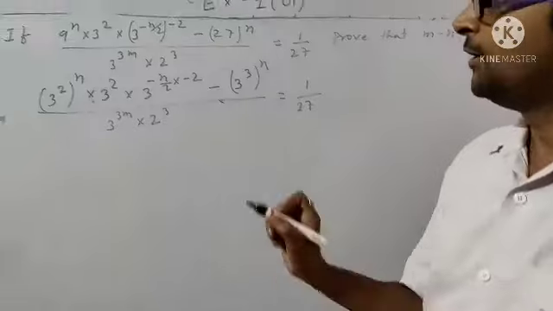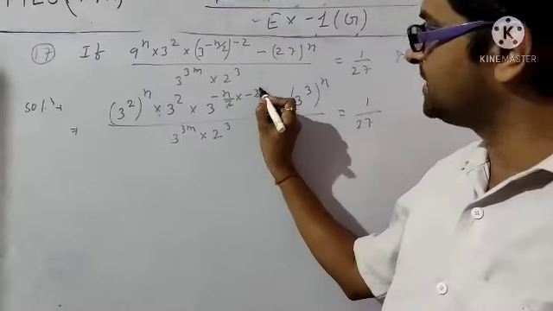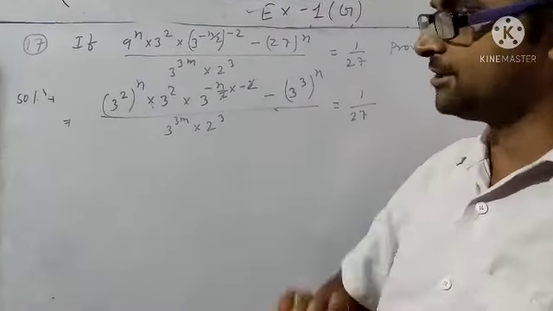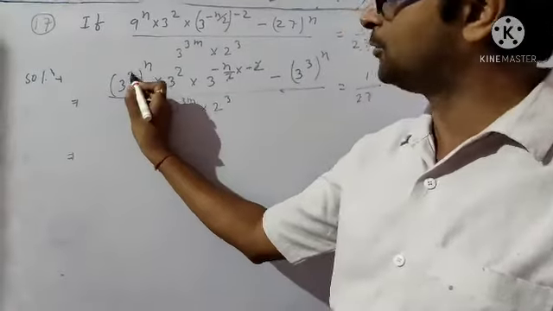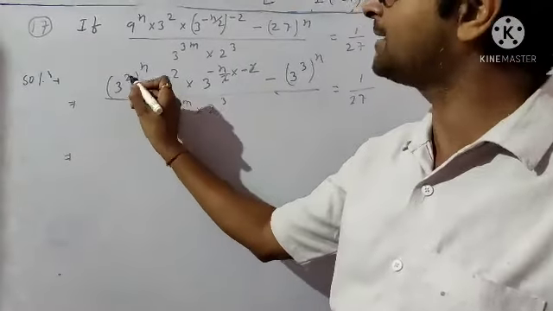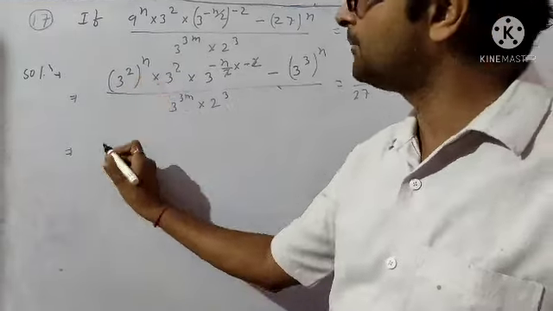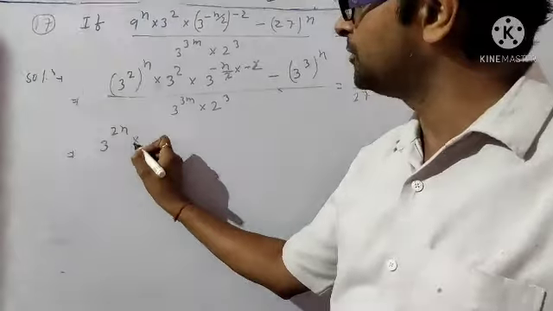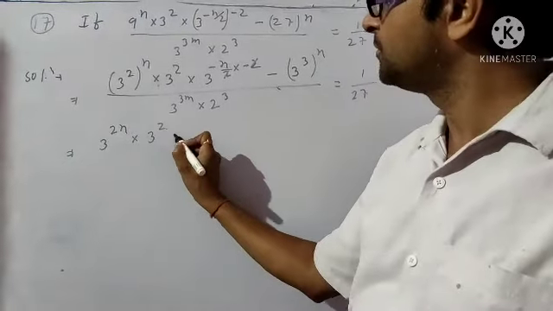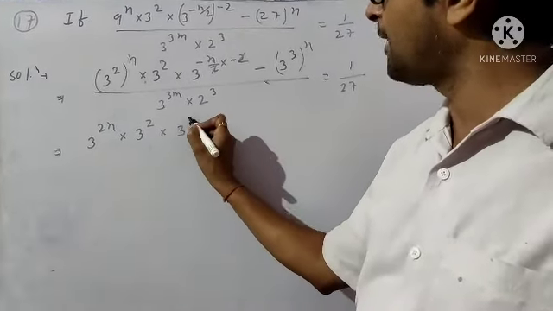Okay, student, look at here. 2 and 2 is cancelled, minus and minus is equal to plus, and this value means 3 to the power 2 and the whole power is n. We know that this value is multiplication form, so we can write here 3 to the power 2n into 3 to the power 2 into 3 to the power n.